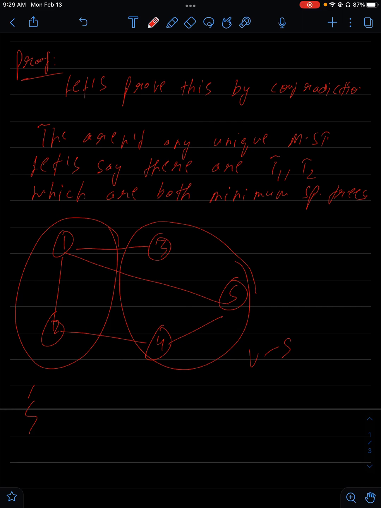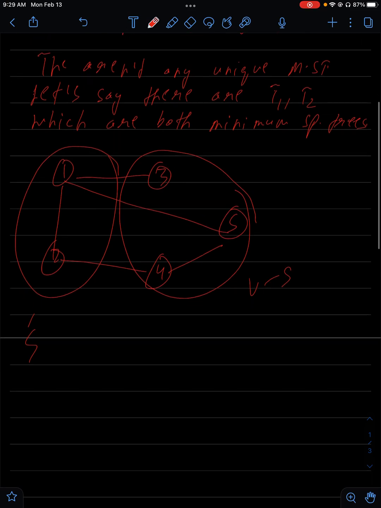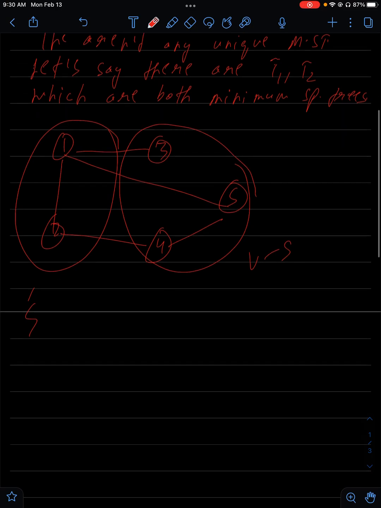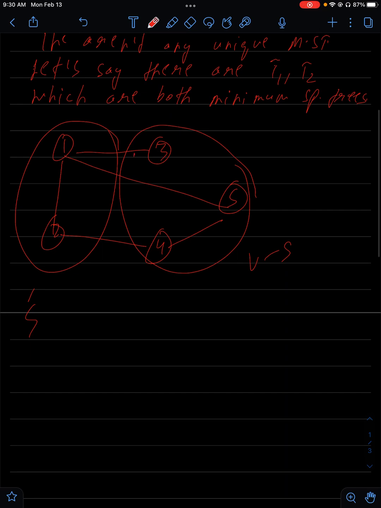Let's say there's a minimum weight edge E such that only one tree has that edge. Let's say this is the minimum weight edge, and only T1 has it. T2 doesn't have that.